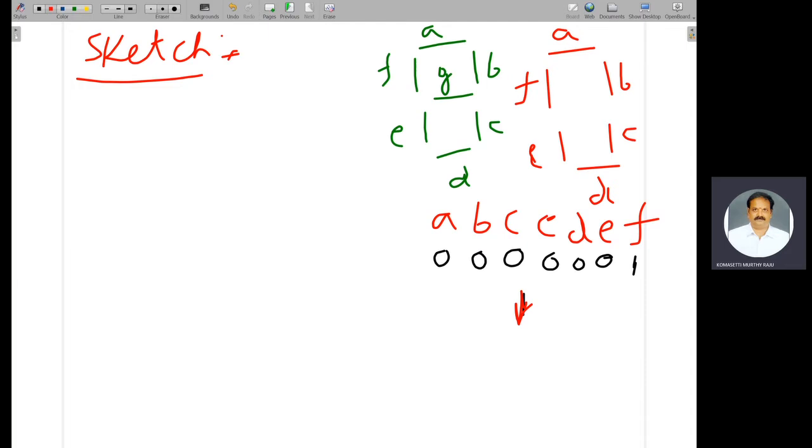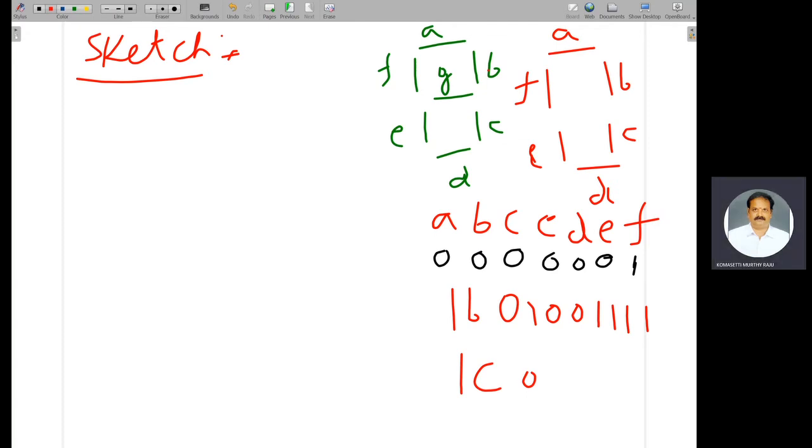Red color means on condition. 1 means only B and C are zeros, and the remaining A is 1. A is 1, B is equal to 0, C is equal to 0, and D, E, F are 1, reverse biased. In this way, we have to write the sketch for this.